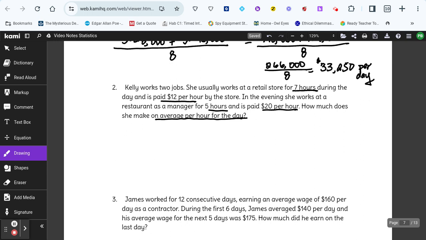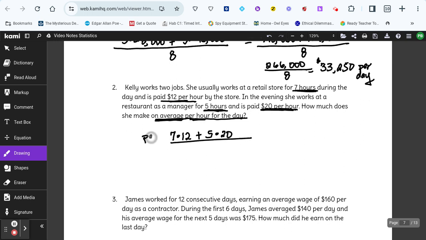I know that she's going to be paid $12 7 times because she's getting $12 for each one of these hours. And then I know she's going to be paid $20 5 times because it's $20 for every hour. Now we want the average pay per hour.